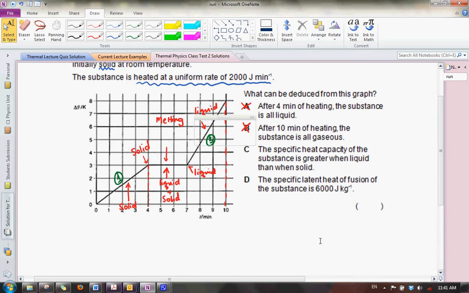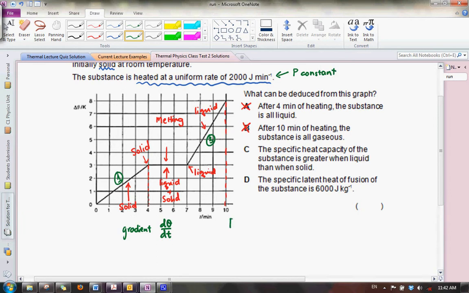The gradient of the graph is given by d theta dt. So we need to find a relationship that relates theta, t, and specific heat capacity. You are also told in the question that the substance is heated at a uniform rate. So we can say that the power supplied is constant.